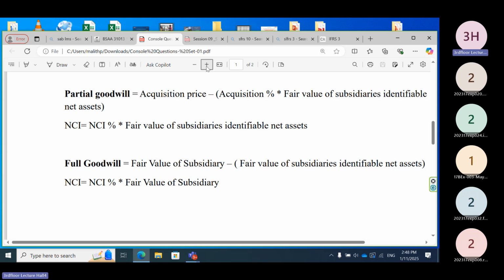Because this reflects the purchase of 500 of net assets. We have a consideration of 760.